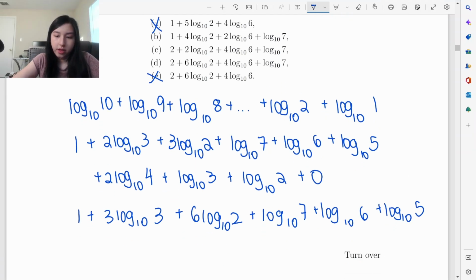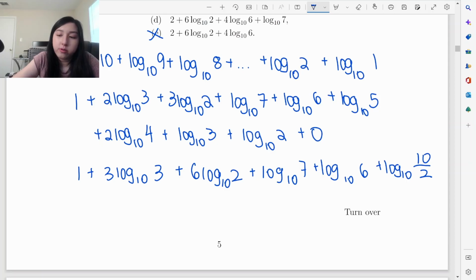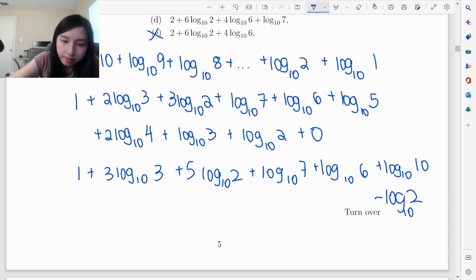And plus all of that. But there's no 5 in any of the answers. Maybe we just do 10 over 2. Log 10 over 2 is just going to be log 10 10 minus log 10 2, which would bring this to 5 and bring this to 2.